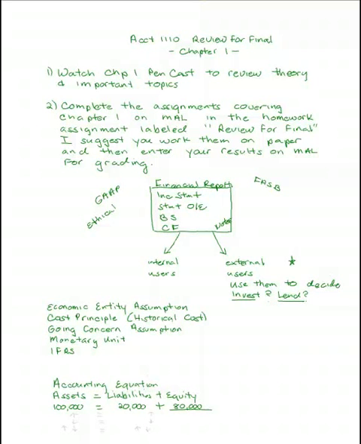I'll just say there are 4 possibilities for the accounting equation, and we'll leave it at that. The accounting equation can increase on the left-hand side, and if it does, something on the right-hand side must increase. That's one possibility. The left-hand side can go down, and then something on the right-hand side would need to go down.